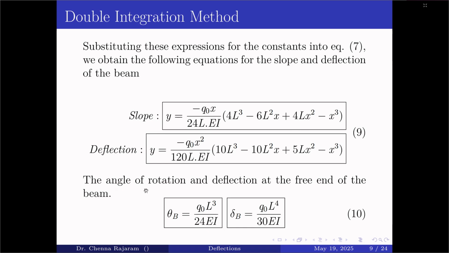Now, the angle of rotation and the deflection at the free end of the beam, that is theta b. When we discuss the free end, that means x is equal to L. So substitute x is equal to L, and upon simplifying, we arrive at theta b is equal to q0 L cube divided by 24 EI, and delta b is equal to q0 L to the power of 4 divided by 30 EI.